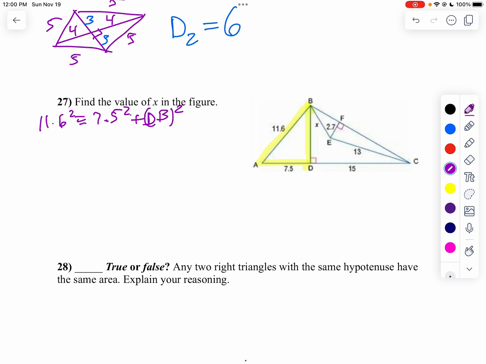And we got some decimals, so we're going to use our calculator quite often on this problem. So 11.6 squared is 134.56. And 7.5 squared is going to be 56.25.